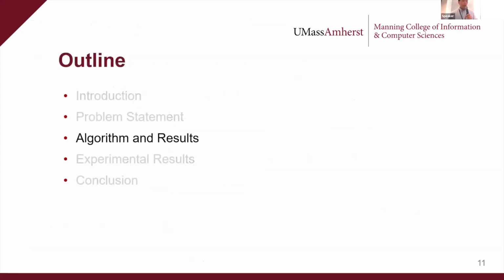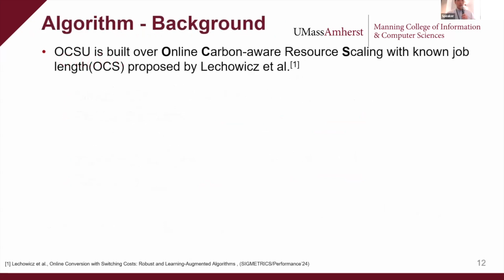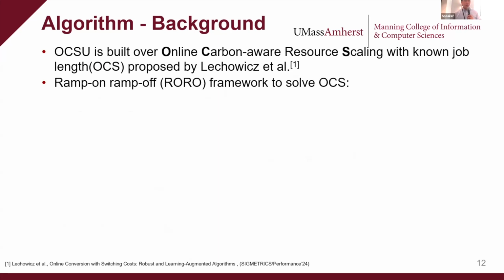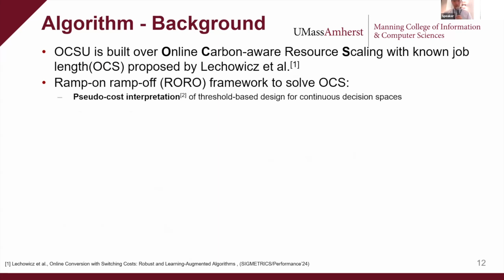And so now we'll be going into the exact algorithm. So just to give some brief background, OCSU is built on this online carbon-aware resource scaling, which does know the job length. And so in this RoRo framework to solve it, basically it uses a pseudo cost based threshold-based algorithm.